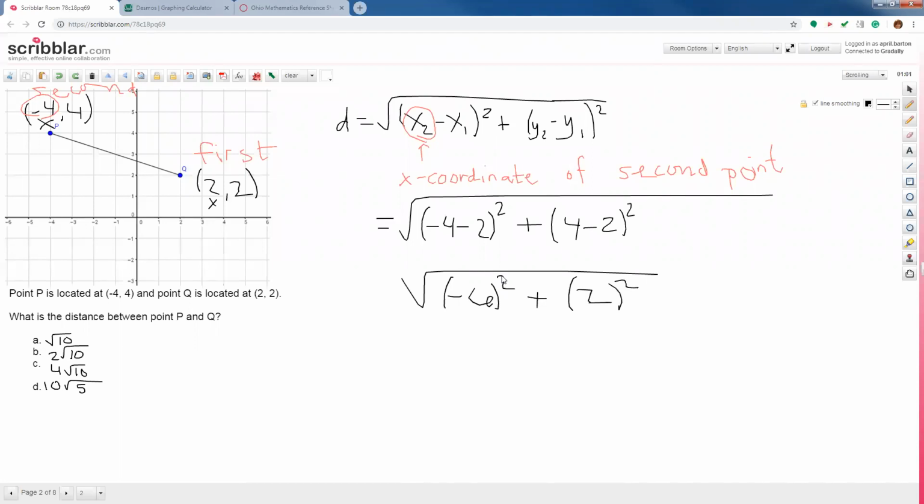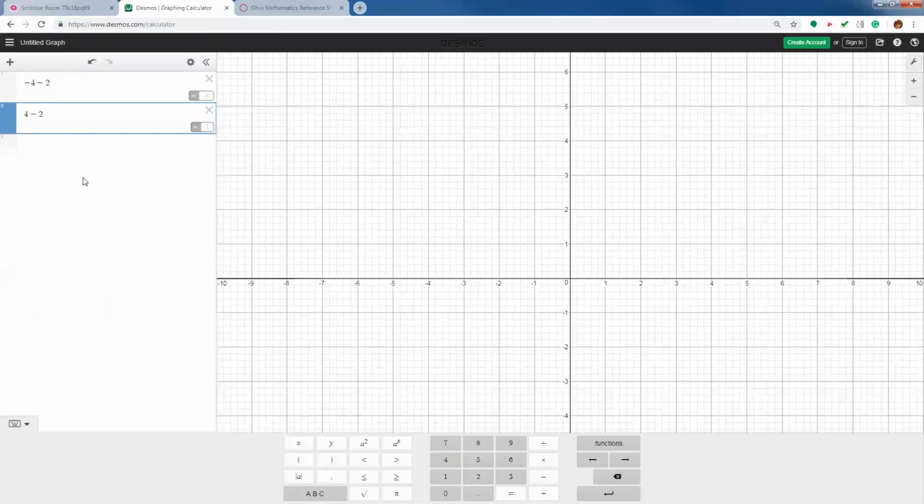So then before we can add, we've got to do the exponents. So when we do the exponents, you can do it 2 ways. You can type it in with the parentheses, or you can remember, well, squared means do -6 multiplied by -6. And that's 36.